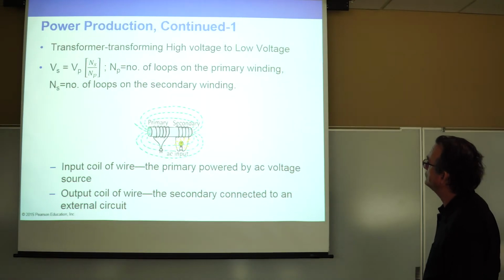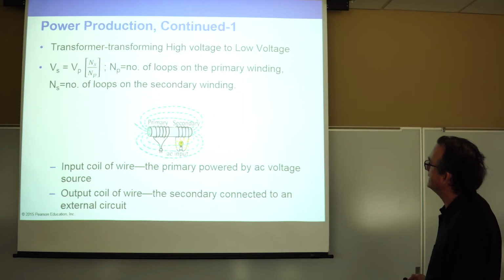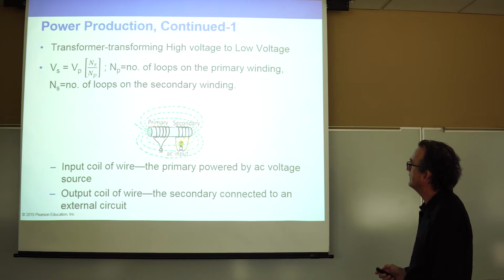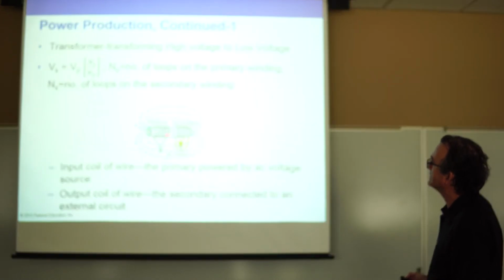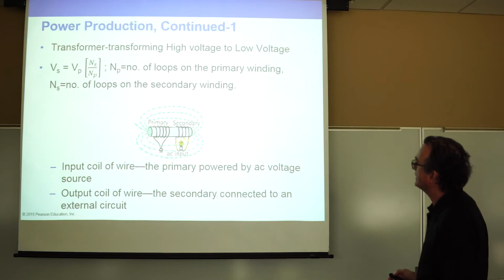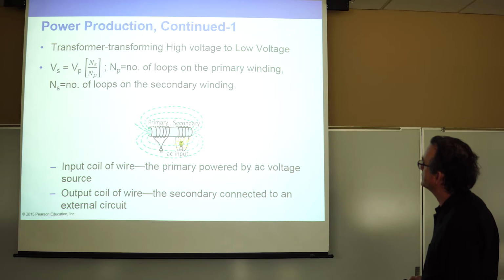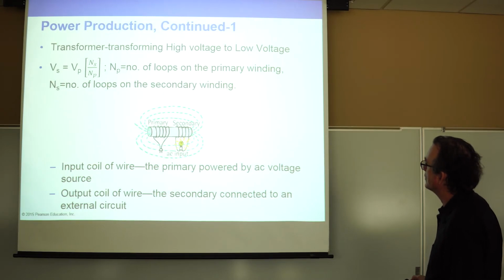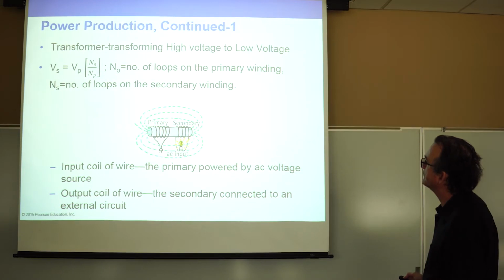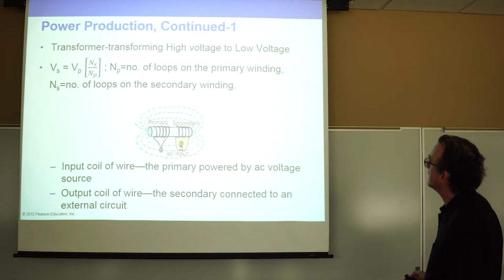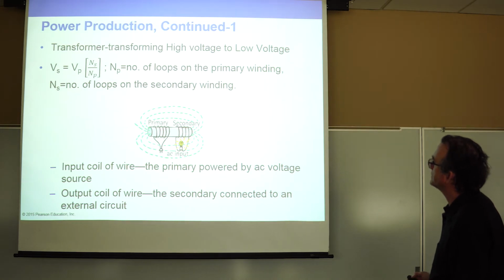The way in which we do that is by taking a certain number of windings around a piece of iron, which you can see right here. The iron conducts the magnetic field generated by the coils, and we can show that the voltage in the secondary coil, which is over here to the right, is different, or can be higher or lower than the voltage in the primary.